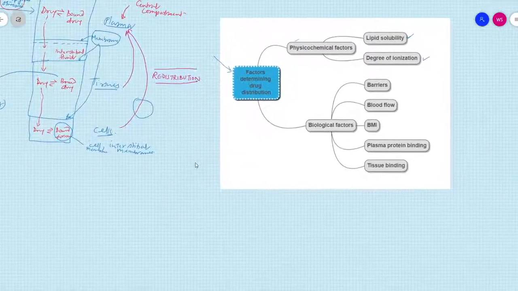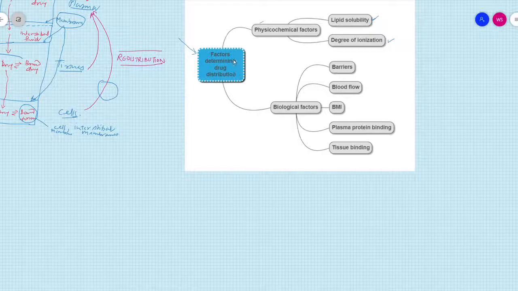Okay, so the next factors which determine drug distribution are biological factors. We talked about a drug being bound to the plasma protein, and we said it is the free drug that crosses the membrane and is available. Okay, but the body prevents certain areas of the body from having access to everything that is in the blood.